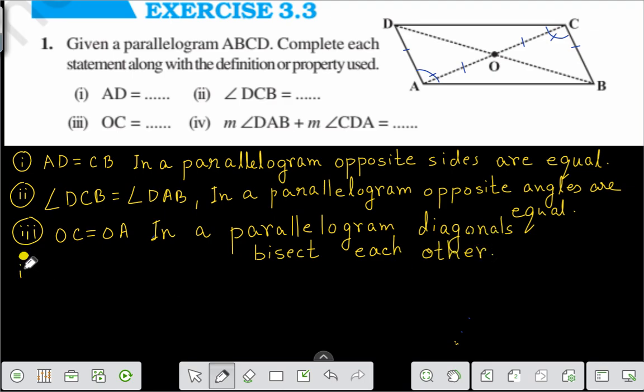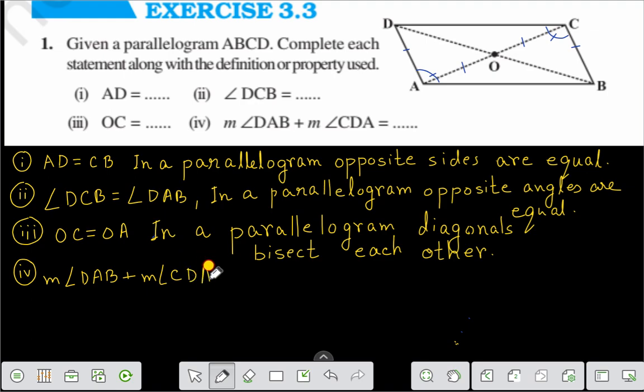Now question number 4. That is measure of angle DAB plus measure of angle CDA.